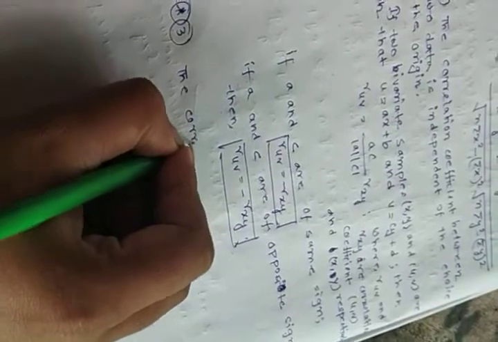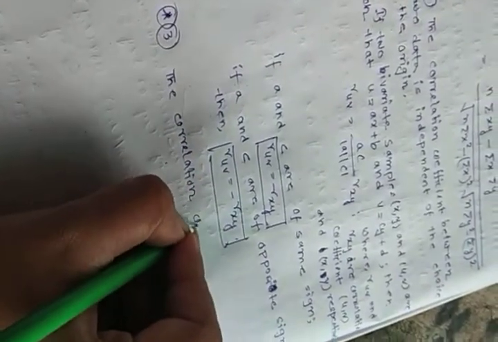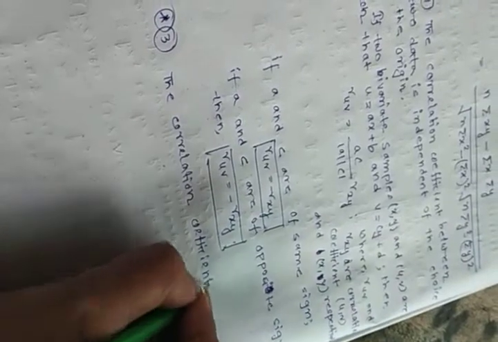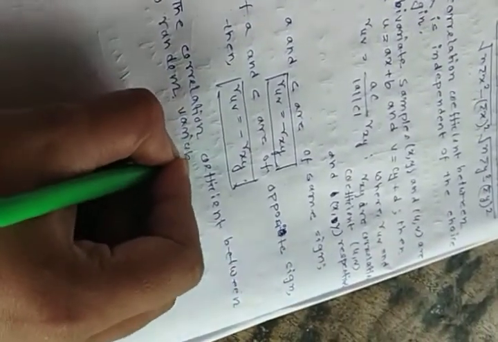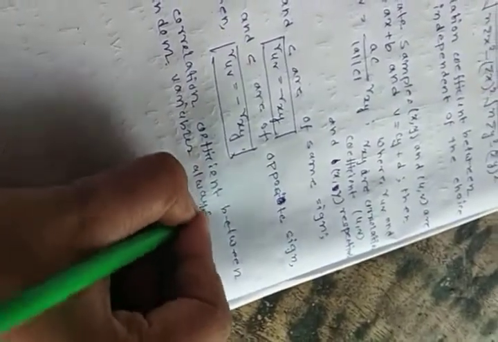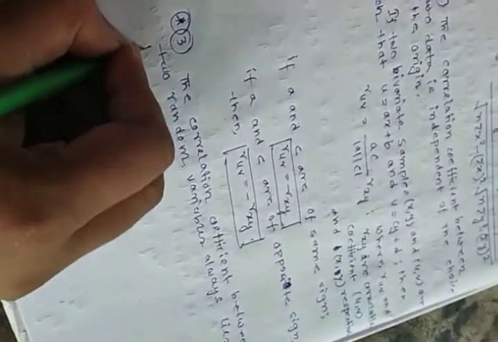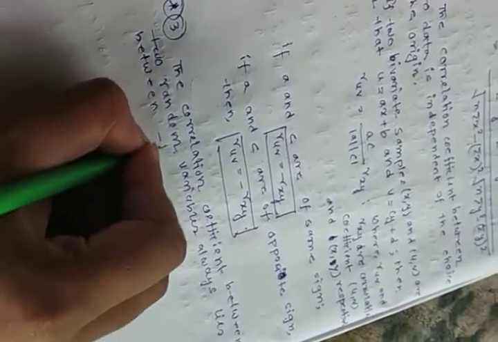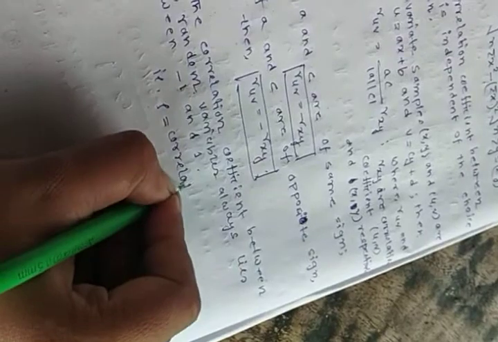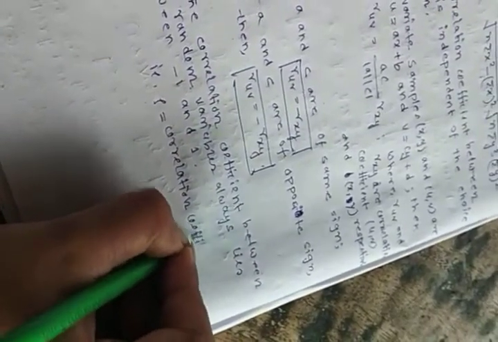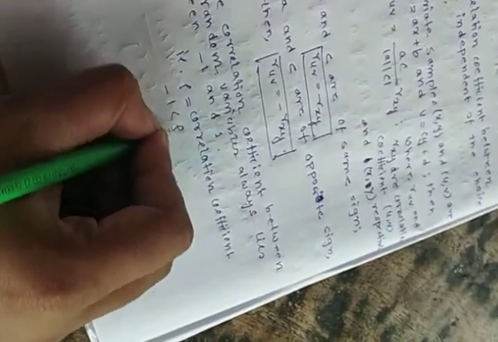If we consider rho as the correlation coefficient, then we can write -1 less than or equal to rho less than or equal to +1.